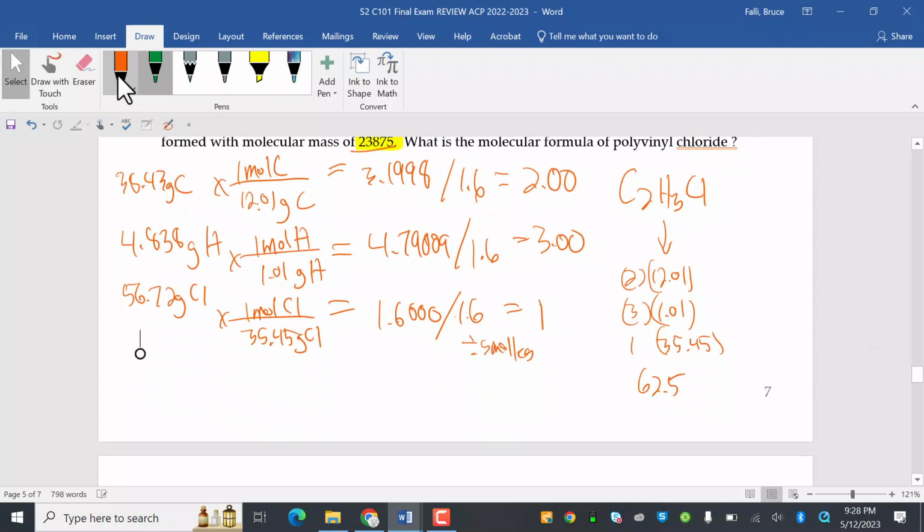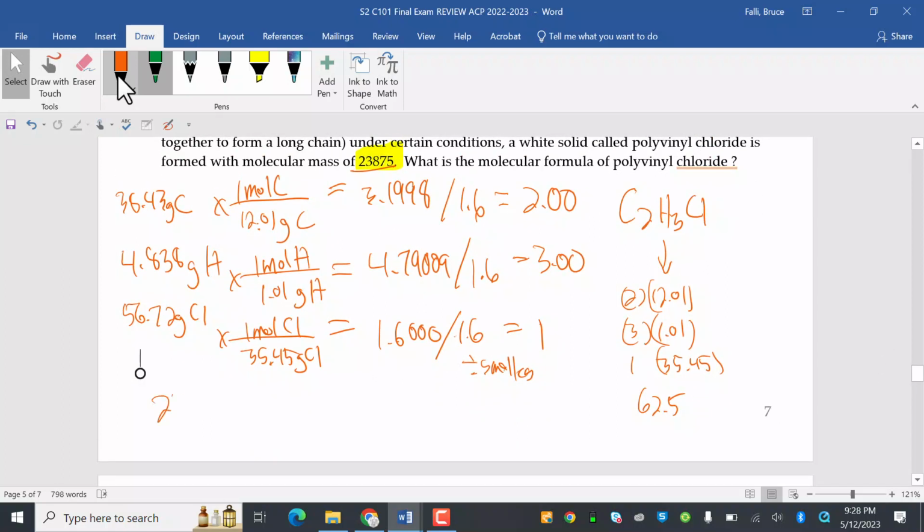So I want to know how many 62.5s fit in 23,875. 23,875 divided by 62.5, and I get 382.